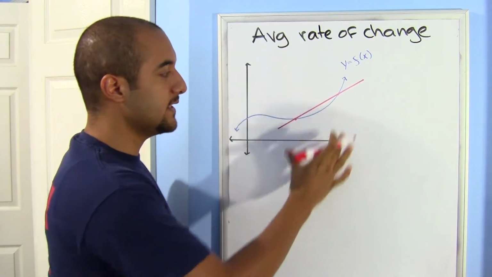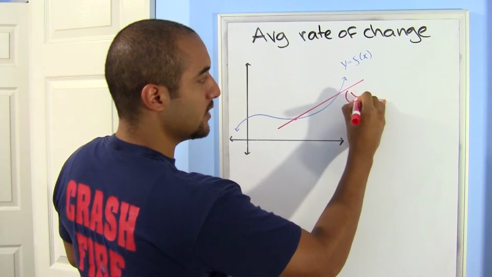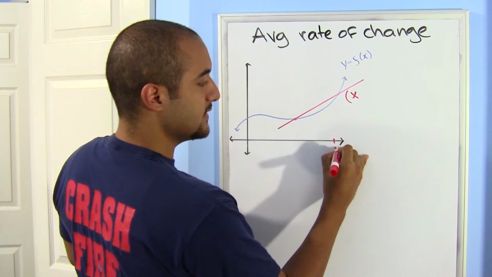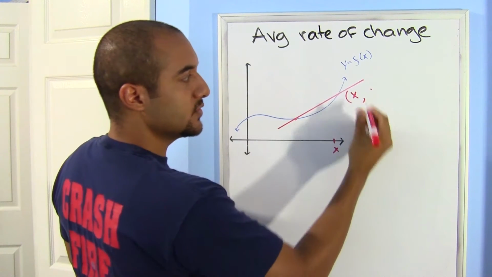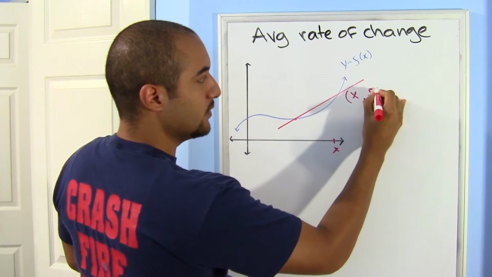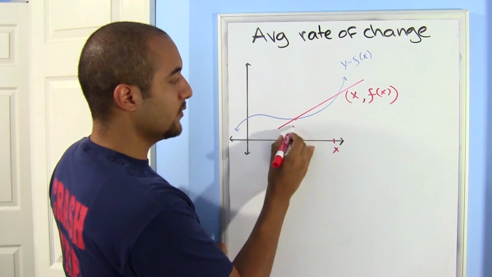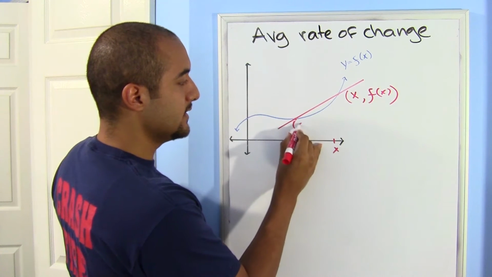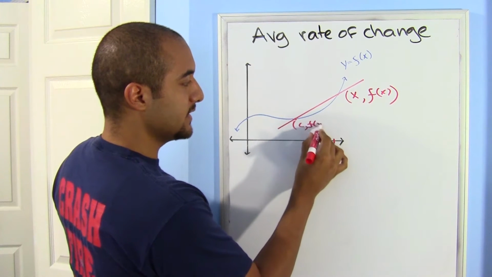So we created a secant line, and let's say that this point, we'll say this is x. That means that the y, instead of just calling it y, would be f of x. And here we're going to say that this point is c, therefore the y should be f of c.